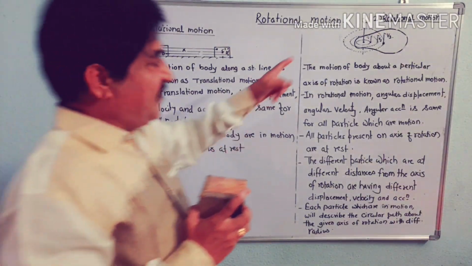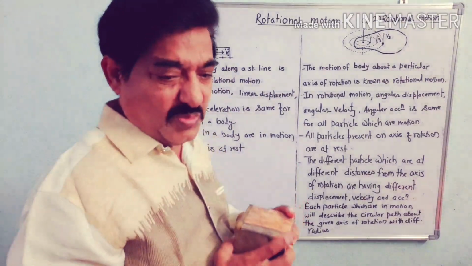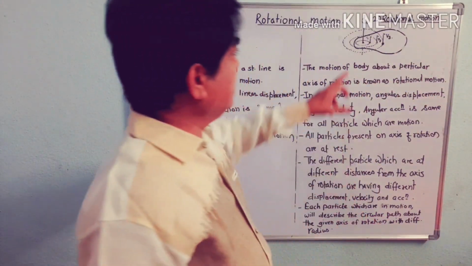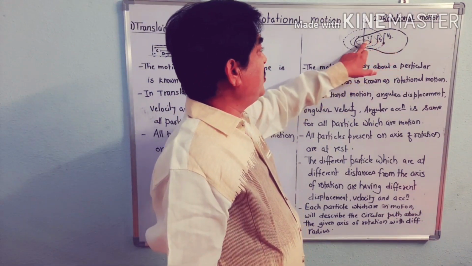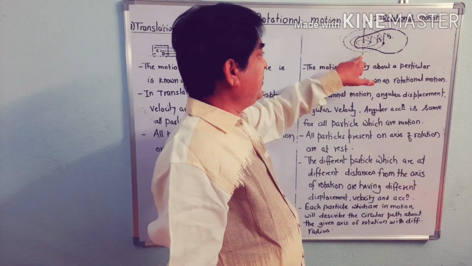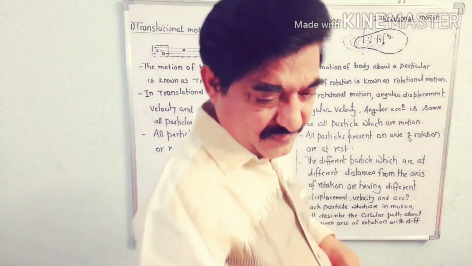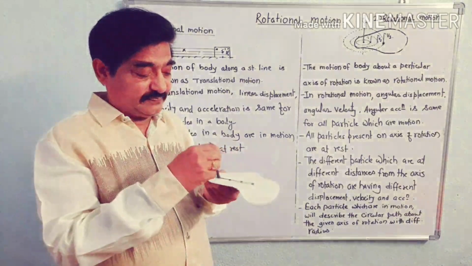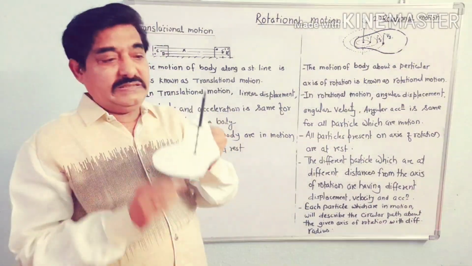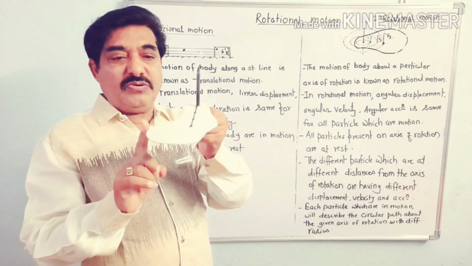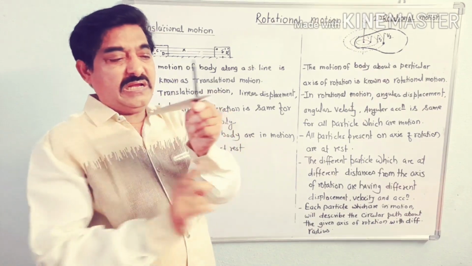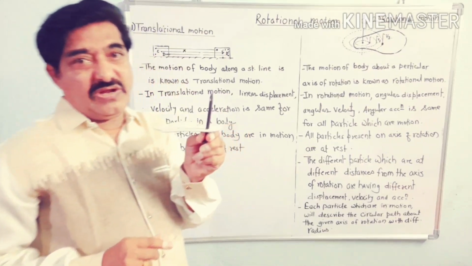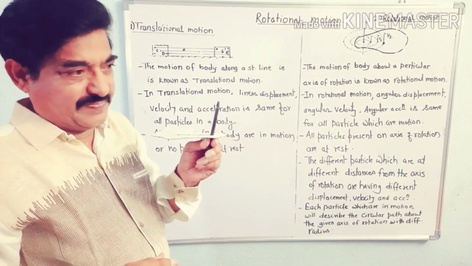Then the second type of motion is a rotational motion. In a rotational motion, we will take a rigid body, and this body is rotating about the given axis of rotation, XY. Let us suppose this is a rigid body, and this rigid body is rotating about the given axis of rotation, whether in clockwise direction or in anti-clockwise direction.